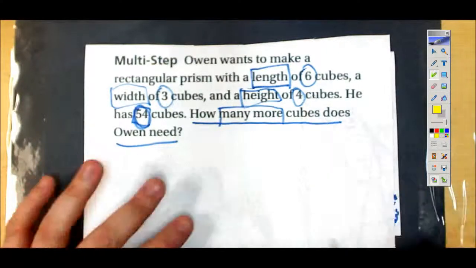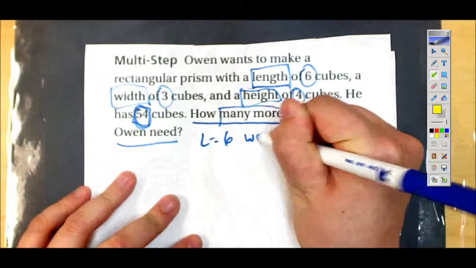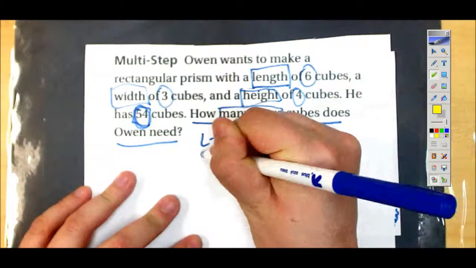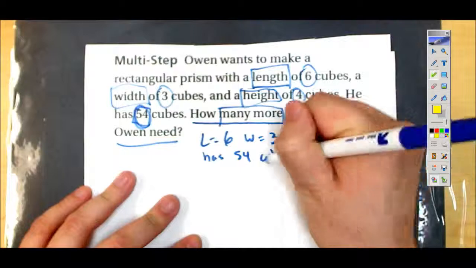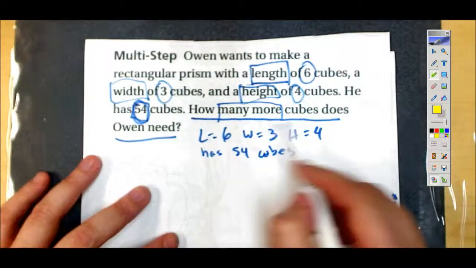So this helps break it down. So length equals 6, width equals 3, height equals 4. He has 54 cubes. So I can boil down the problem to just this. So how many more does he need?